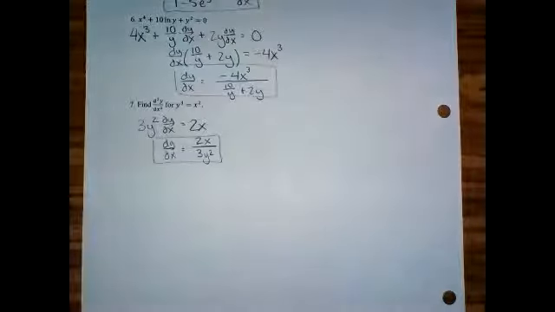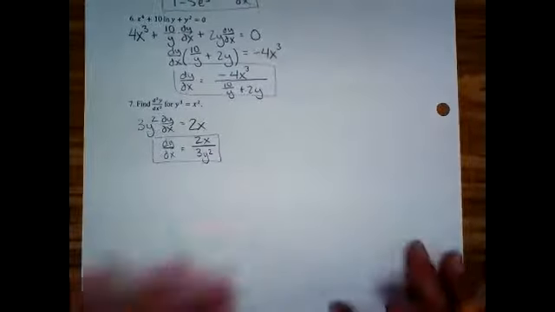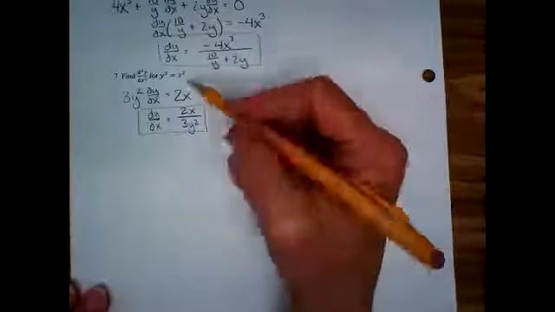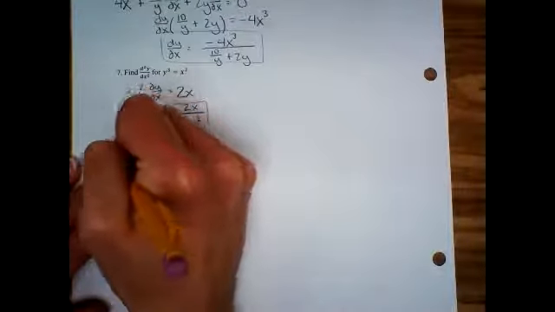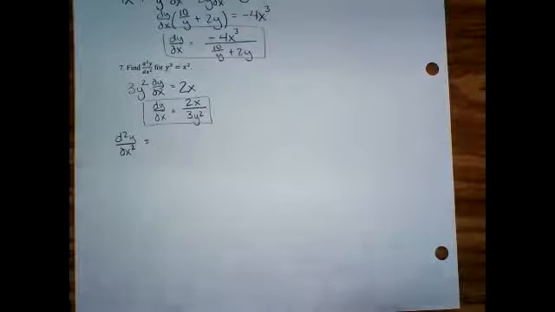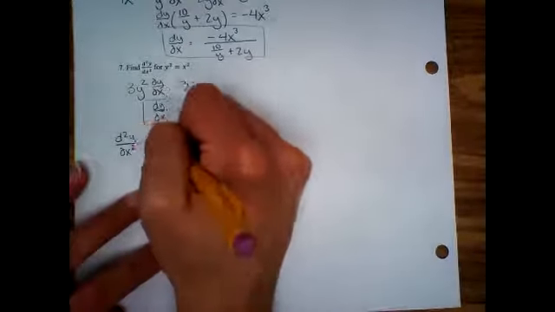And now we're just going to go one step further. Now we're going to do a second derivative. So since this is a fraction, what rule are we going to need for this? Quotient rule. So quotient rule is the denominator, so it'll be 3y squared times the derivative of the numerator.